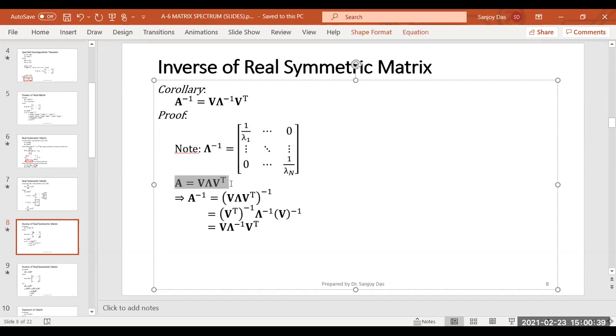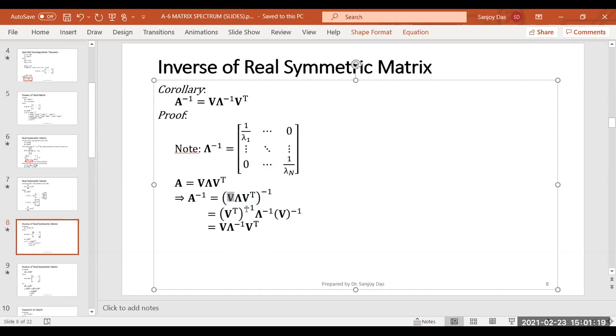Now, we just proved that A equals V lambda V transpose. Let's take its inverse. A inverse equals (V lambda V transpose) whole inverse. Open up the parenthesis. We have to take the opposite ordering when we open up this inverse. So V transpose inverse appears first, then lambda inverse, and then V inverse.